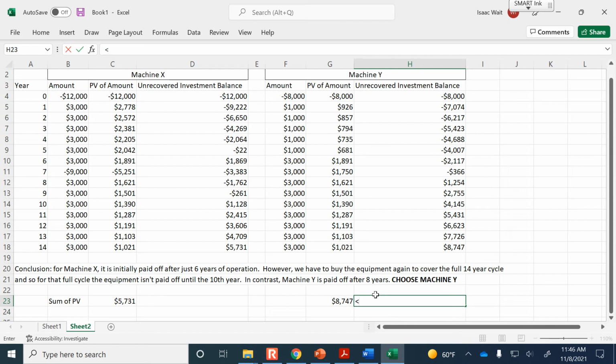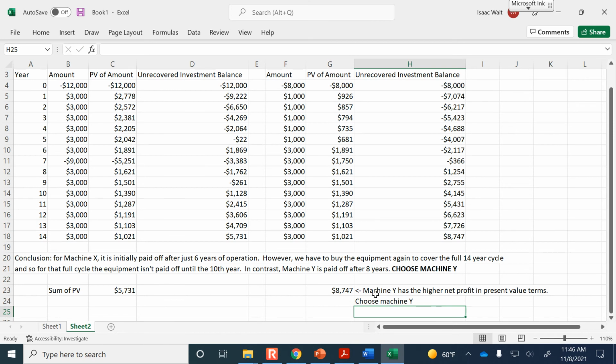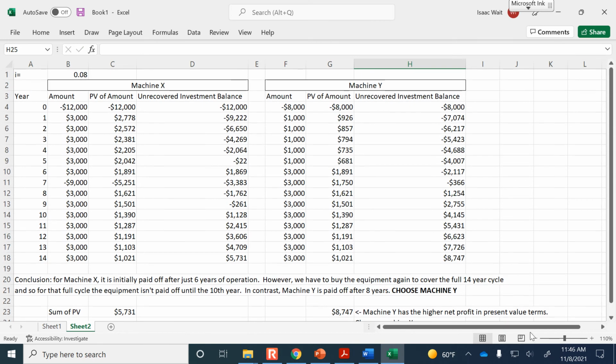Let me put the note in. Machine Y has the higher net profit in present value terms. Choose machine Y. So both of these analyses are pointed in the same direction.